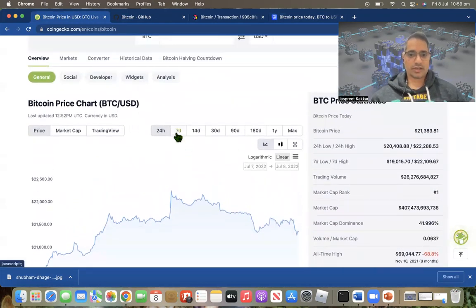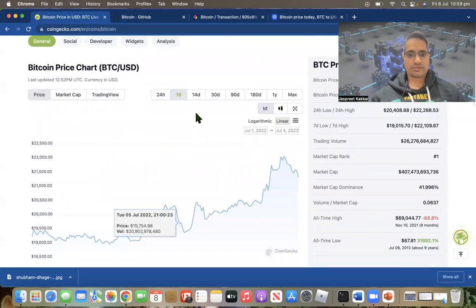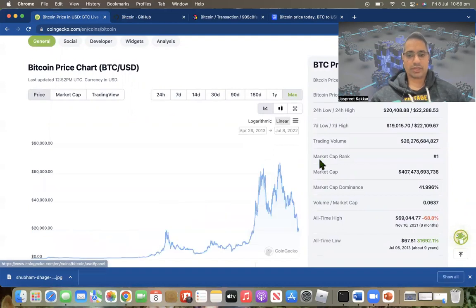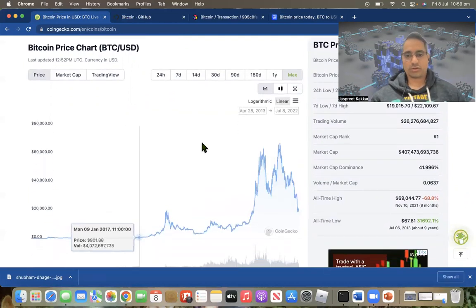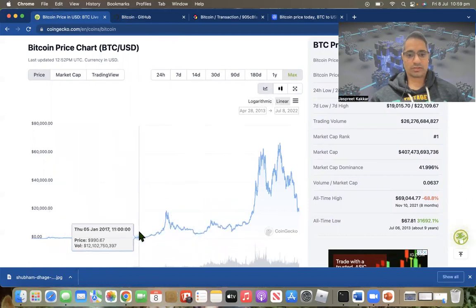And then you can change the chart view here. You can change it to 7 days, 14 days, and so on. Sometimes I want to look at a bigger picture, a longer-term chart, so it is the maximum available data here. You can hover over the chart and see the various dates.